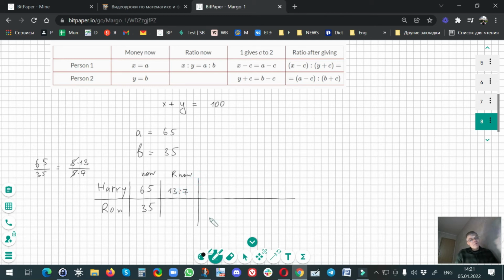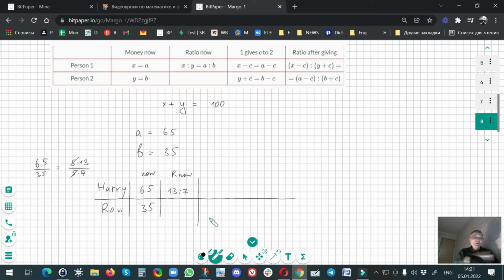Then what do we do? I think Harry is generous and he can give some of his money to Ron. Actually, 65 is a bad number, by the way. It has only 2 factors, 5 and 13.